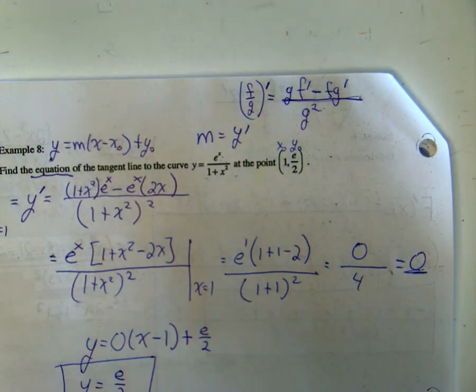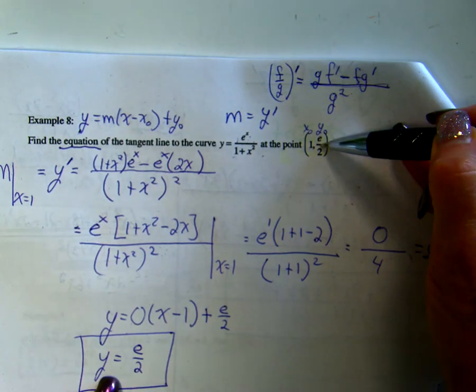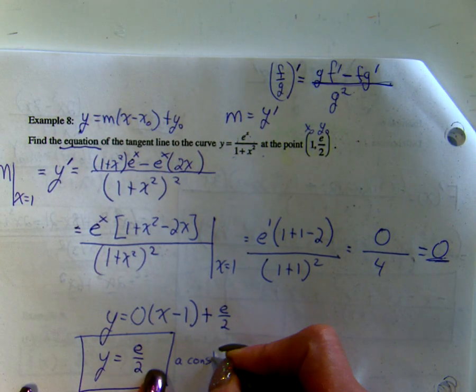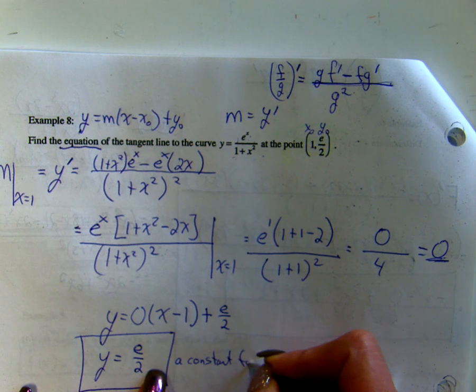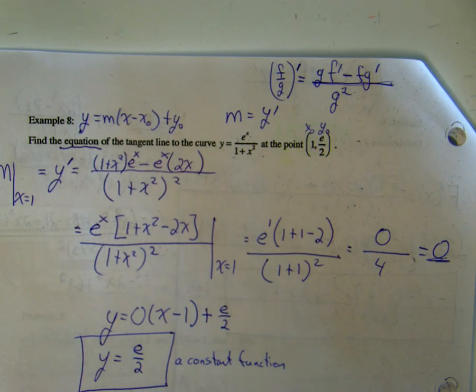So there's the equation of the tangent line to this curve at this point. What do you observe about this? It is a constant function. Because of course e isn't a variable, e is a number.